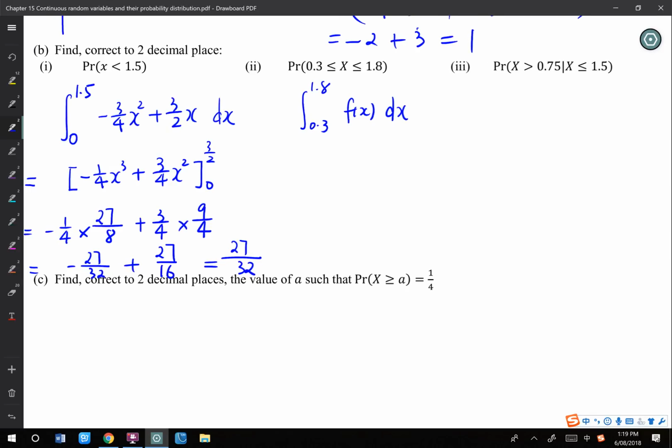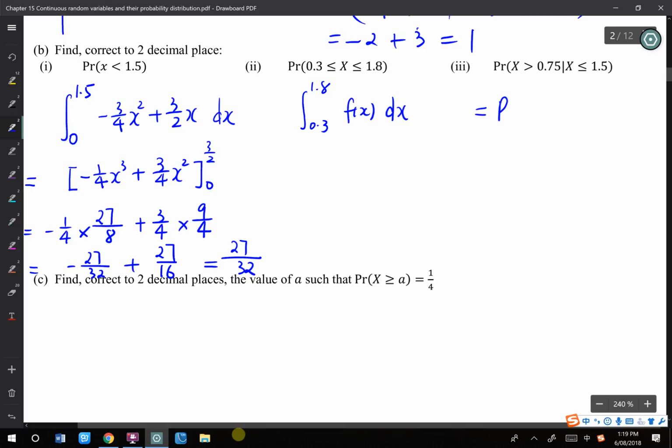For this one, what can the formula be expanded to? Well, it's a fraction, so what's the top, what's the bottom? Yeah, so what's the intersection? To 1.5, that's right. And the bottom?